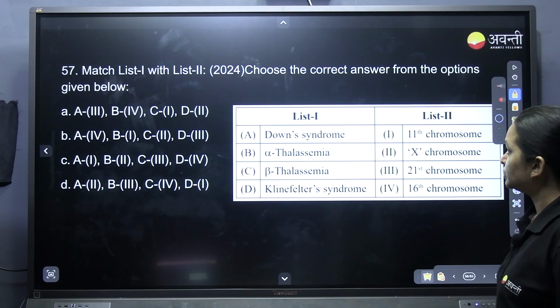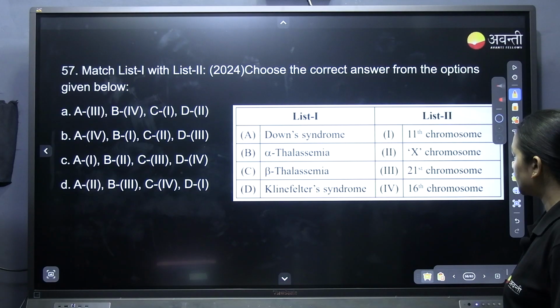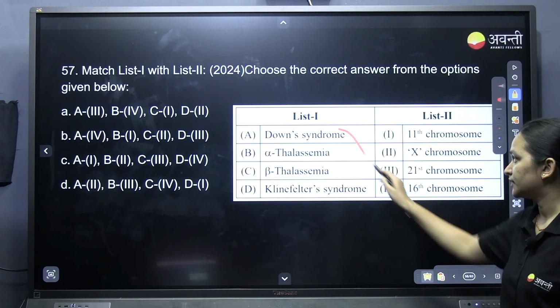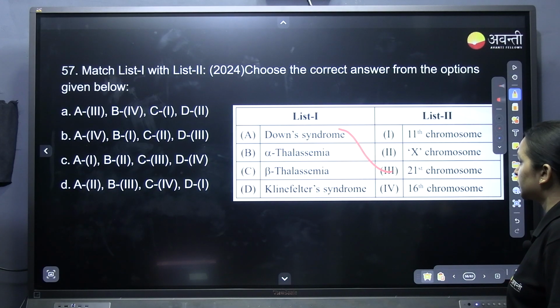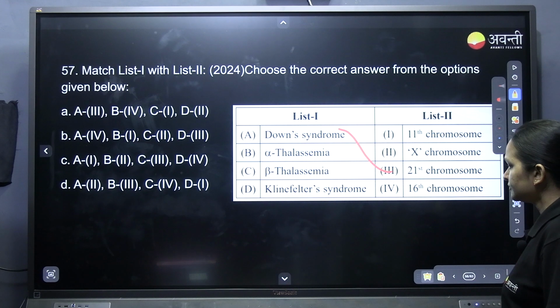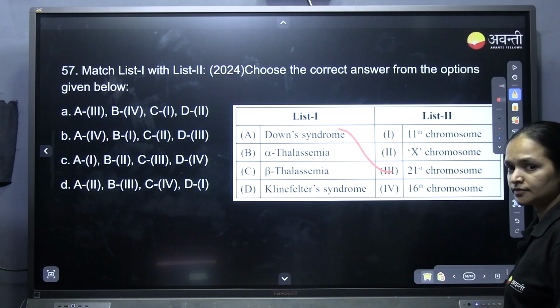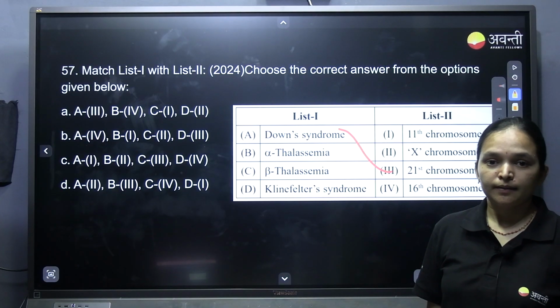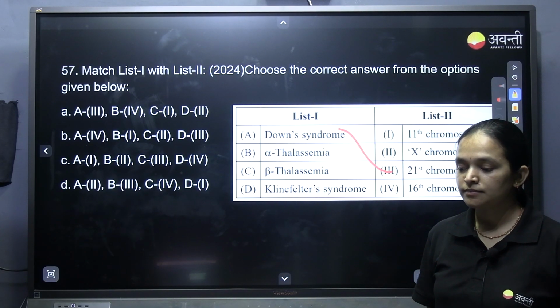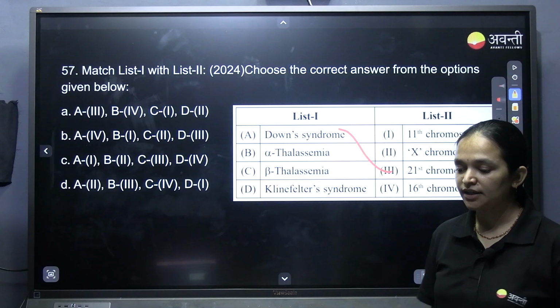Match list 1 and 2. Down syndrome, trisomy 21, very good. Alpha thalassemia is on which chromosome, 11 or 16?